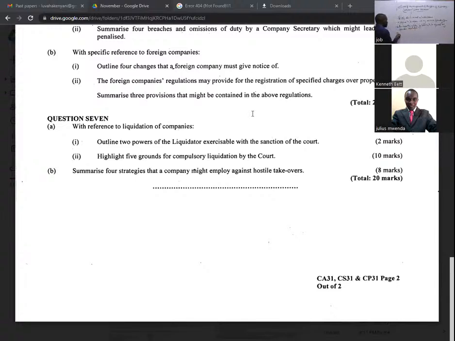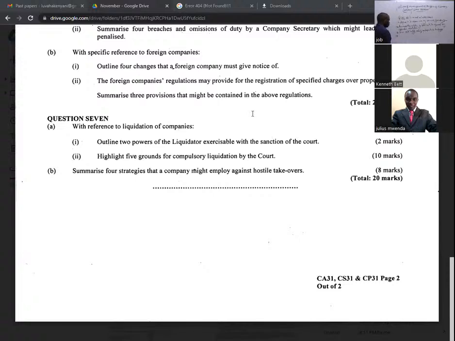Then another thing they can do is give out hefty send-off packages to its employees.